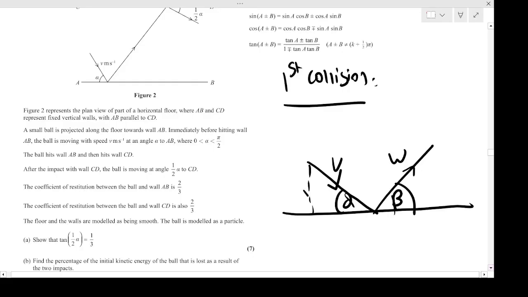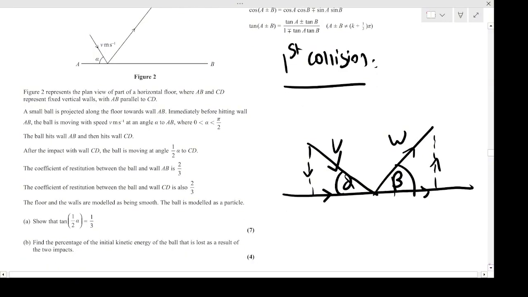We go down here and across here, then across here, then back up here. This is going to be v sine alpha, because it's opposite the angle, and this bit's going to be v cos alpha. Then this is going to be w cos beta and w sine beta here.